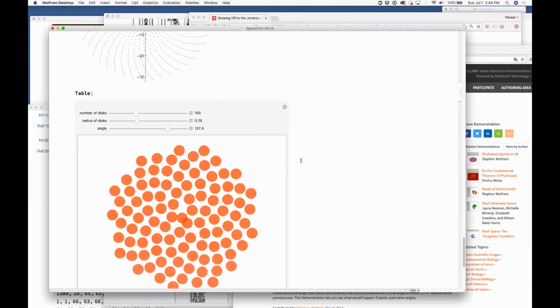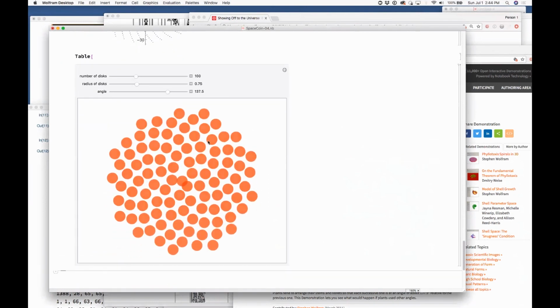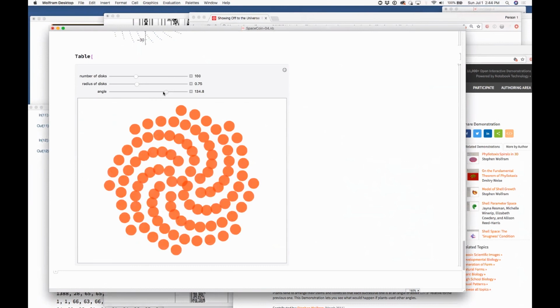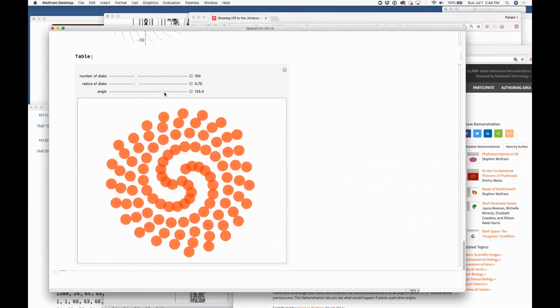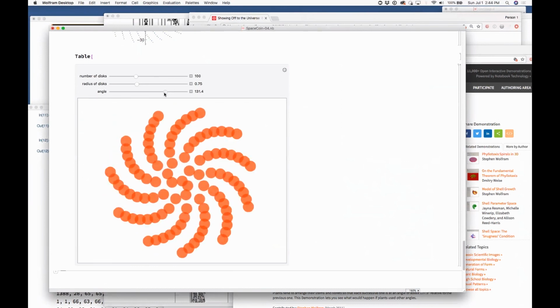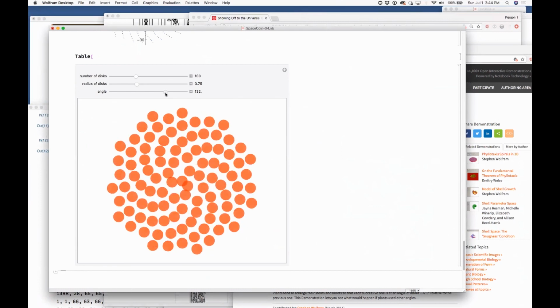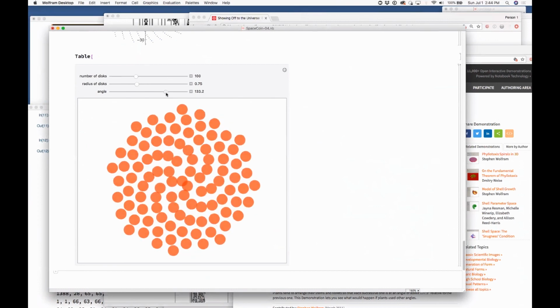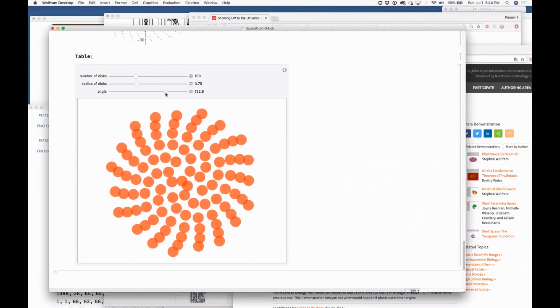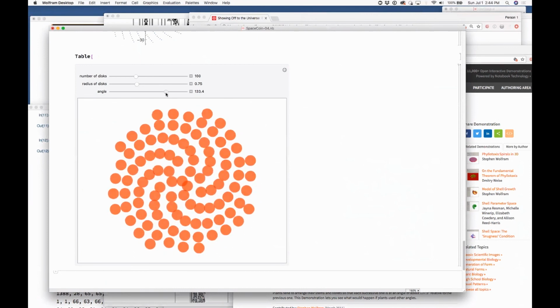And we say yes. Okay, so this is showing what happens as a function of the angle that you choose. And at 137 point whatever, what am I doing? Am I losing my mind? What's the angle?